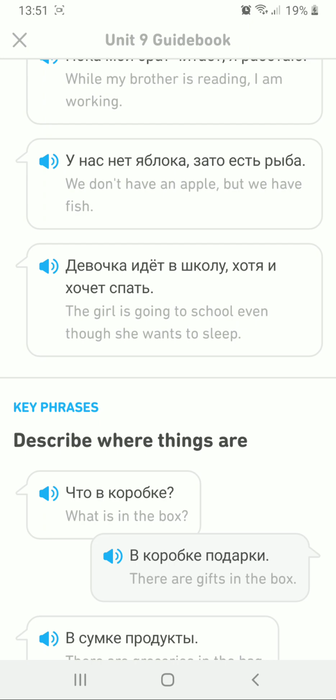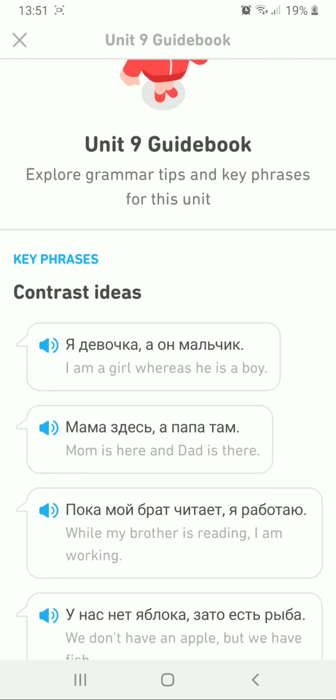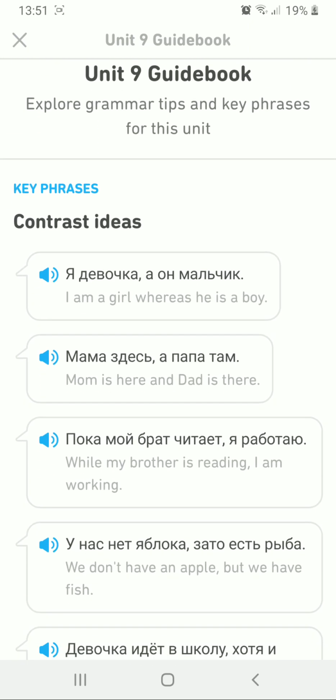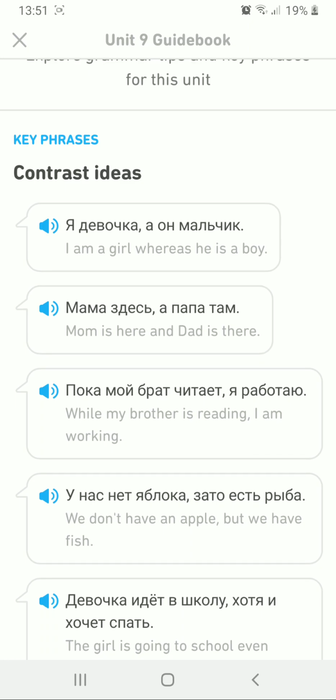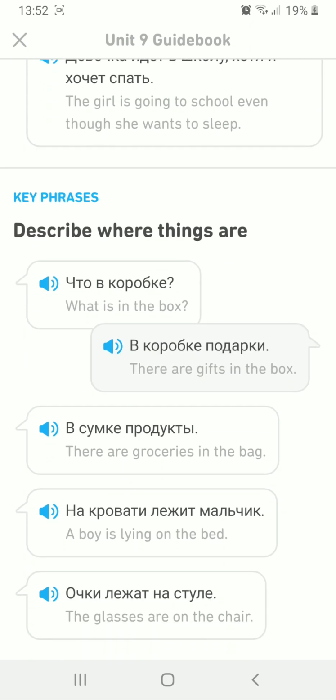Even though now we know these things, the most important thing is that these conjunctions that we've just looked at are used to show contrast of ideas, of situation, of location, of anything.